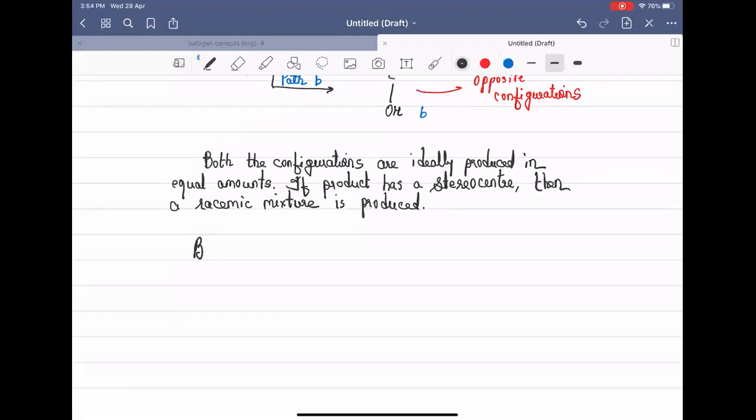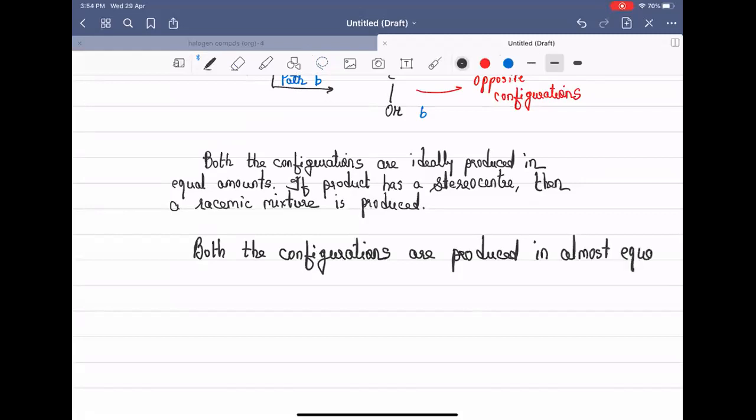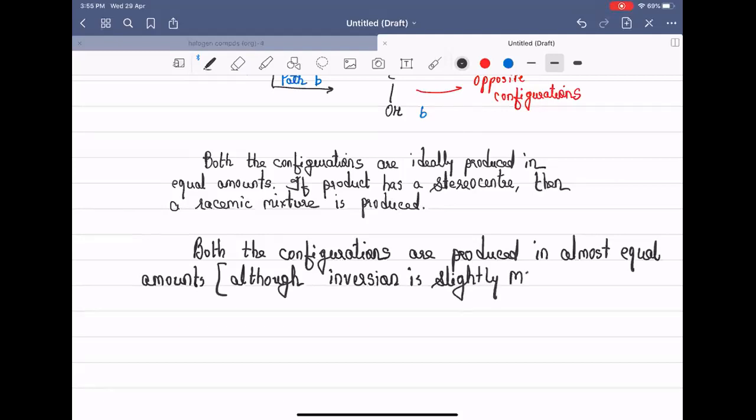So both the configurations are produced in almost equal amounts, bracket, although inversion is slightly more.